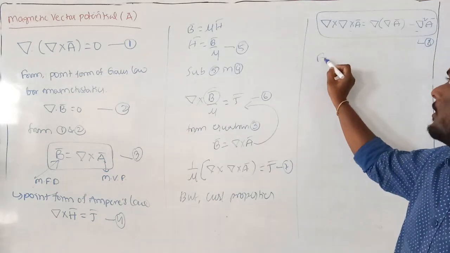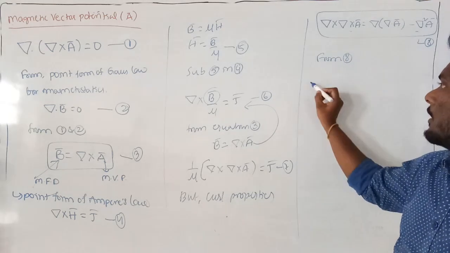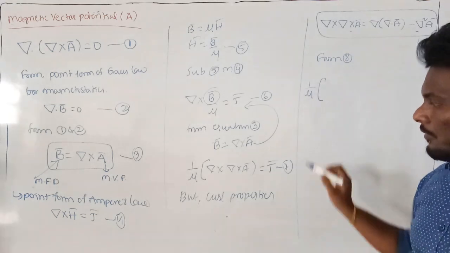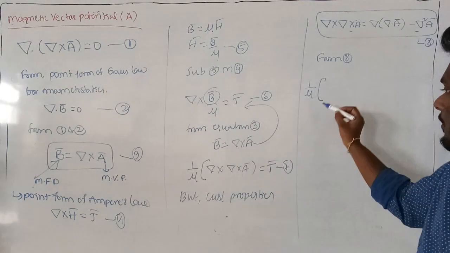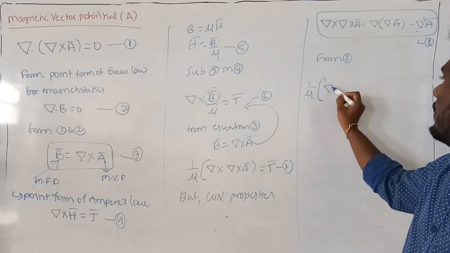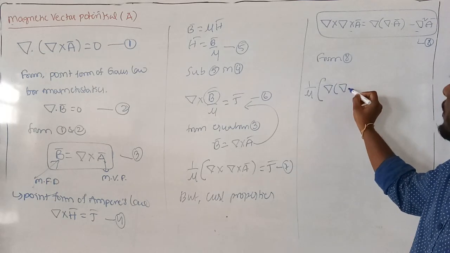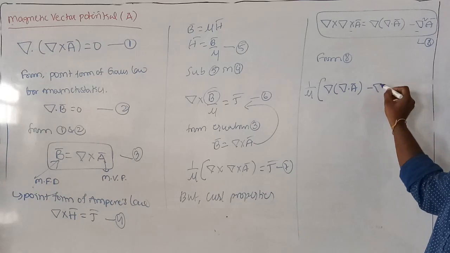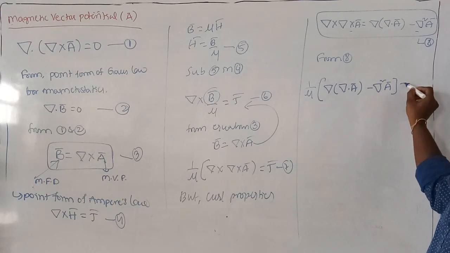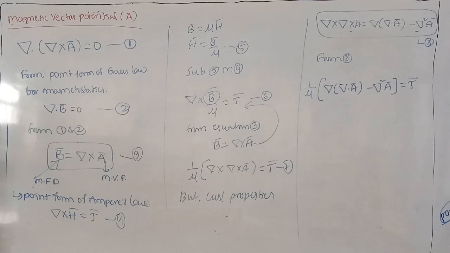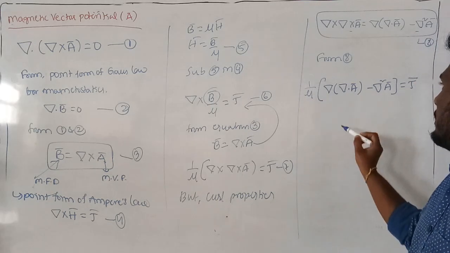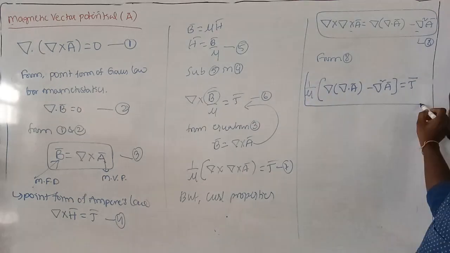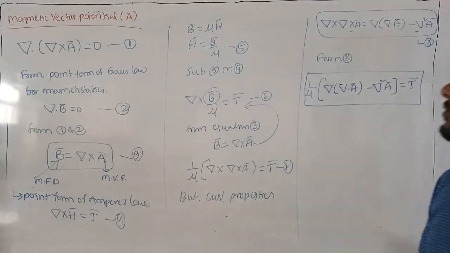From 8, 1 by mu times of del of del dot A bar minus del square A bar equals J bar. So now, this is the magnitude of the current source which is used to define the magnetic vector potential.